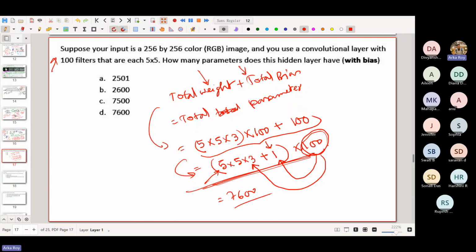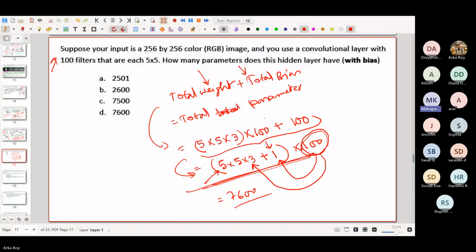Any query for this thing? Sir, can you repeat the last two lines? 5 into 5 into 3 into 100 plus 100.